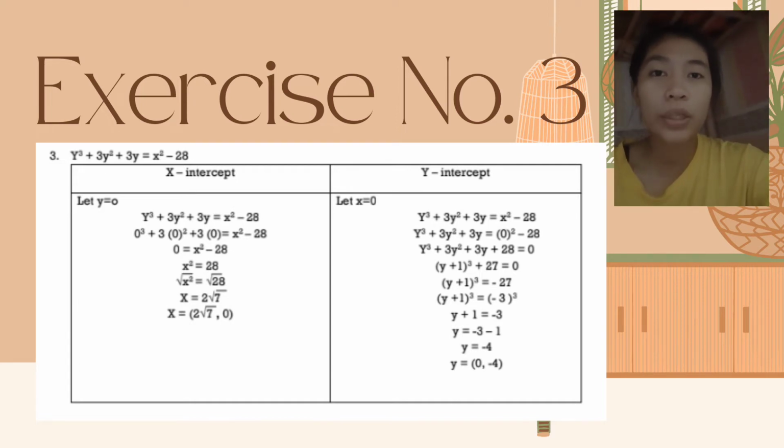Then (y plus 1) cubed equals negative 27, and (y plus 1) cubed equals negative 3 cubed. So y plus 1 equals negative 3 and y equals negative 3 minus 1. So the answer is y equals negative 4. Then the final answer is 0 and negative 4.